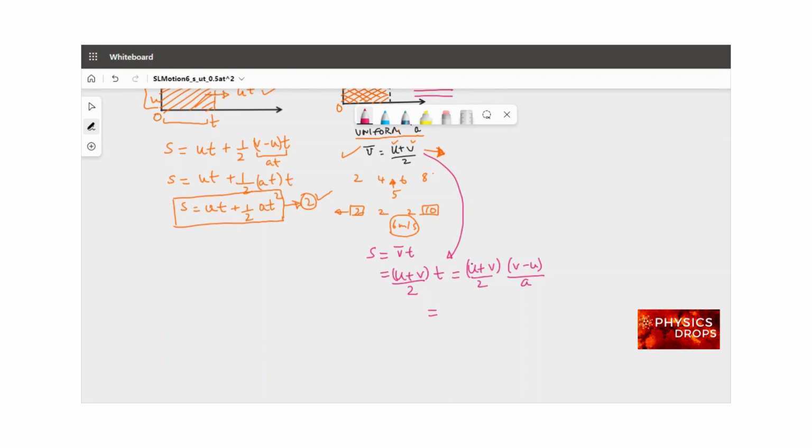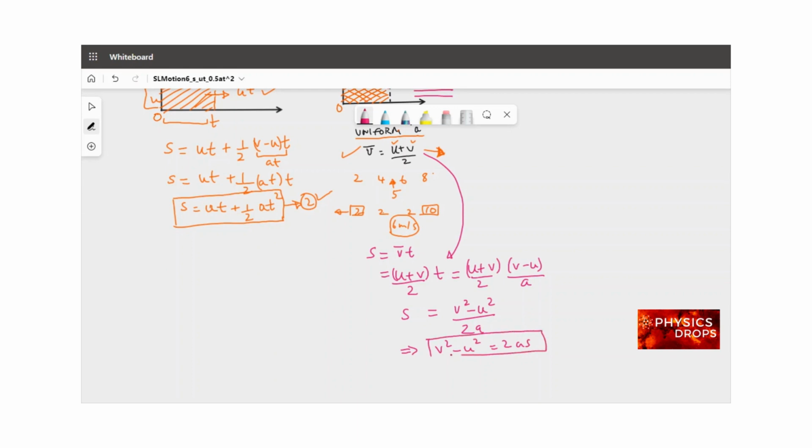This is nothing but v plus u times v minus u, which we know by the identity that a plus b times a minus b is a square minus b square. So we can write this as v plus u times v minus u is v square minus u square, by 2a. This is s. So this implies that v square minus u square is 2as, by cross multiplying.